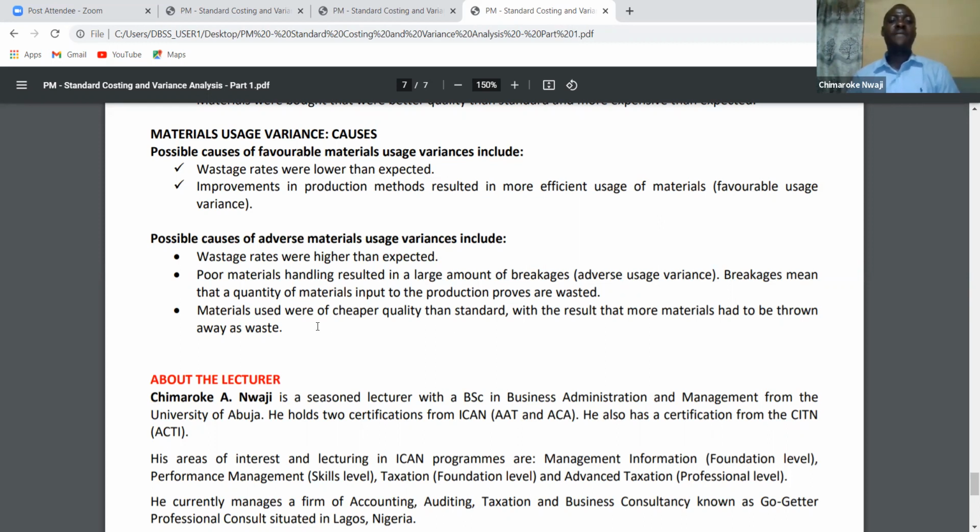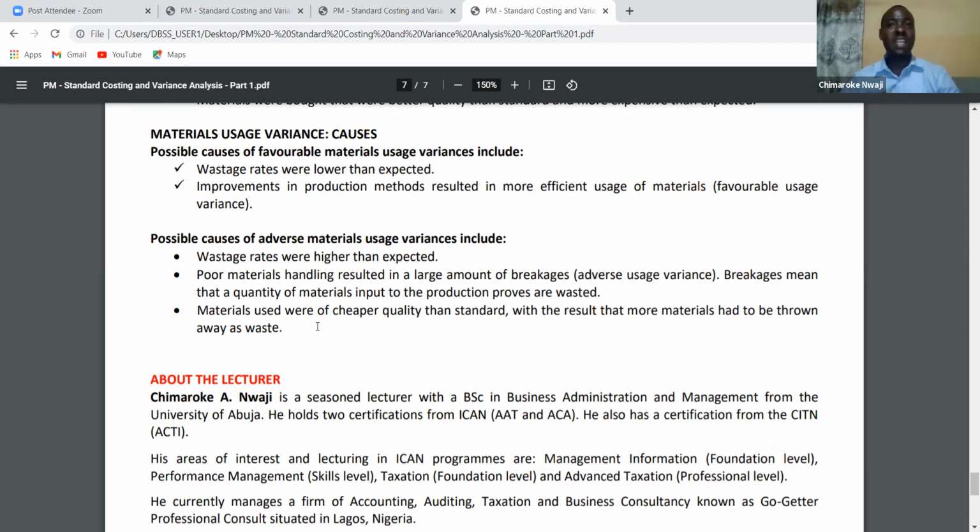So normally, adverse variance is because of wastage, while adverse and favorable material usage could be because of management of the quantities used. Price variance could be because of getting good prices, getting a bulk discount, but also getting substandard material. Adverse could be because of inflation, because of increase in prices. So you need to look at the question.